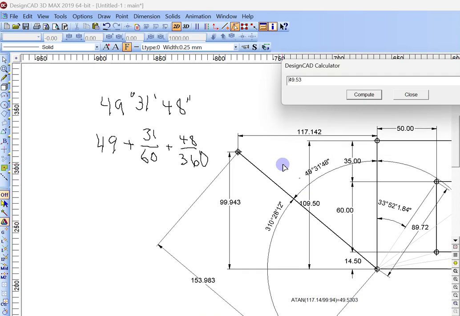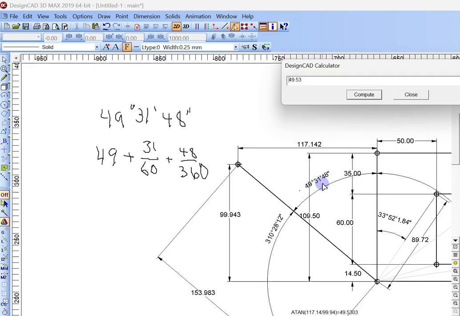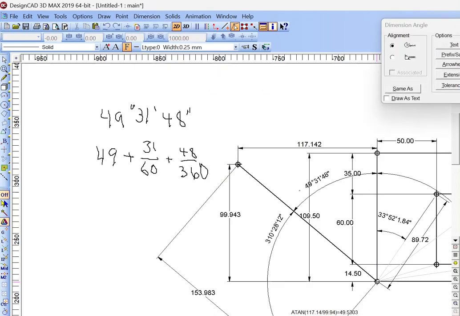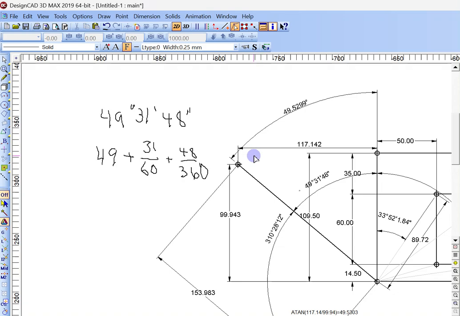49.53, which is not exactly right, is it? Very close, 49. So it just rounded up the thousandths because that's as far as that calculator goes.